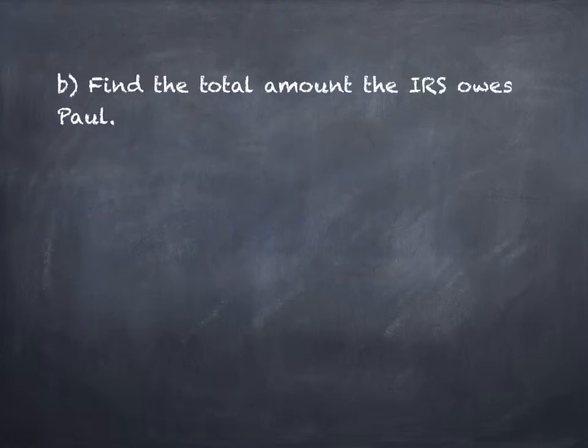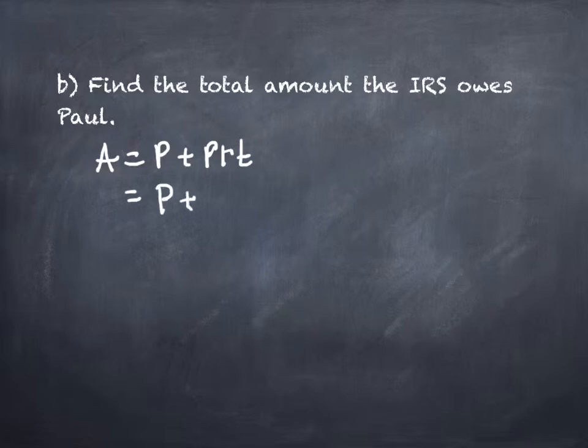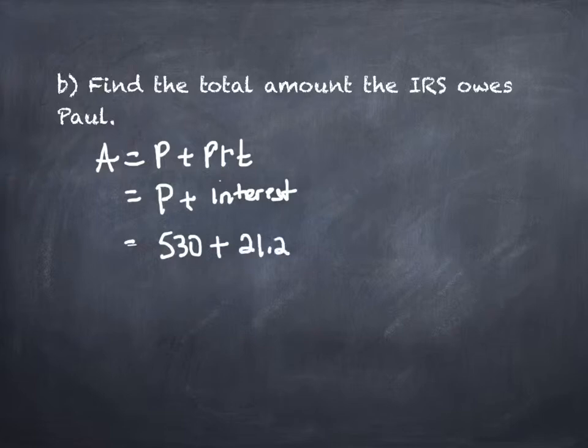Now Part B asks us to find the total amount the IRS owes Paul. Because I've already found the interest, the second formula, A equals P plus PRT, is the most convenient to use, because it says I'm going to add the principal, the original amount, plus the interest. The principal, again, was $530, and the interest from Part A was $21.20.